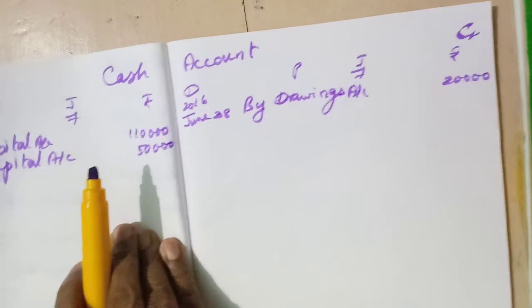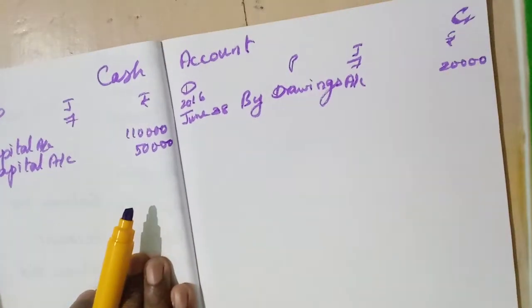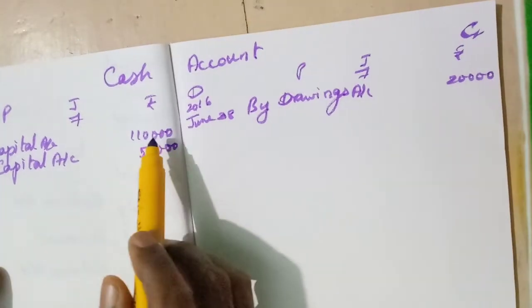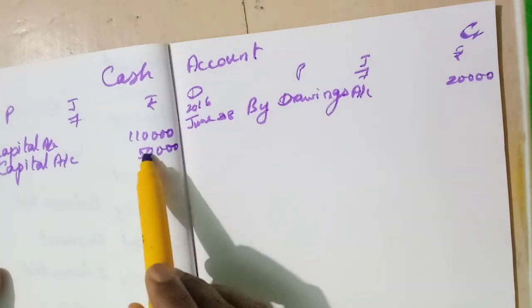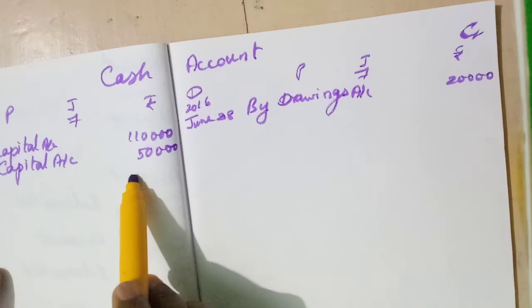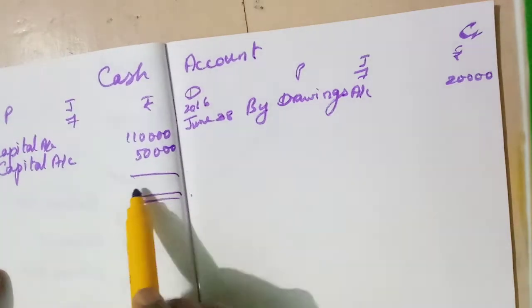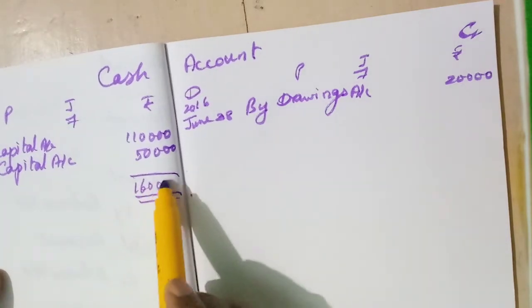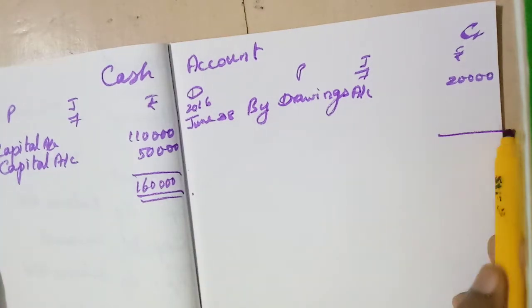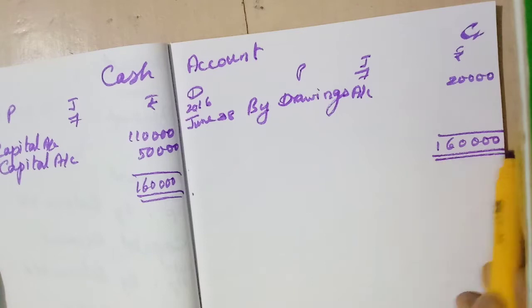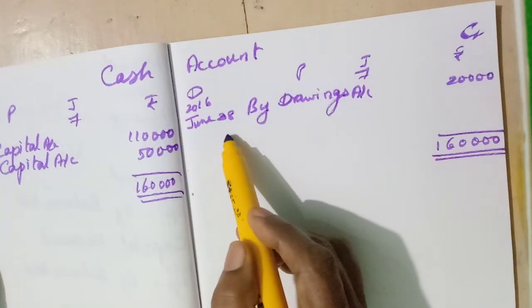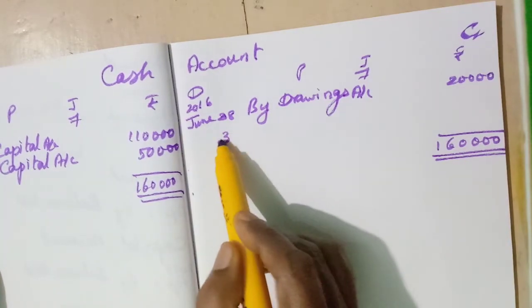Now we will balance them. So now you check the amount in the amount column. Here 1,60,000, there 20,000. So write the bigger amount on both the sides: 1,60,000. Here also 1,60,000. Now write the last date, June 30.